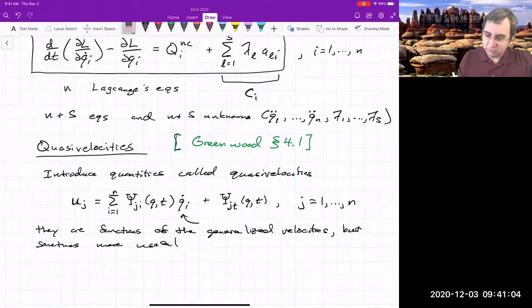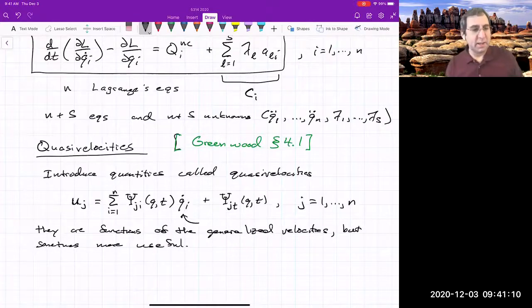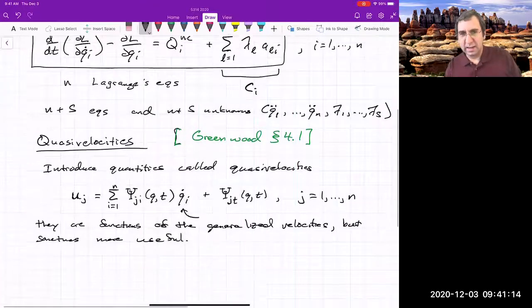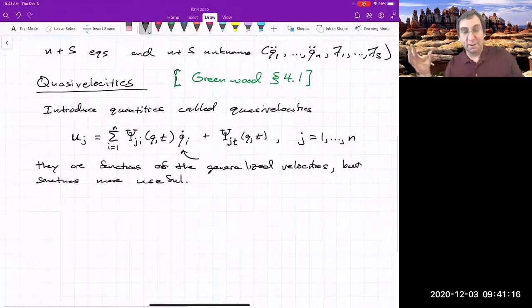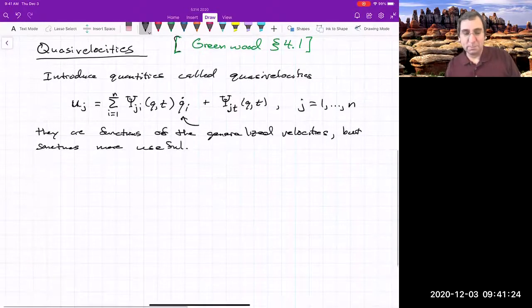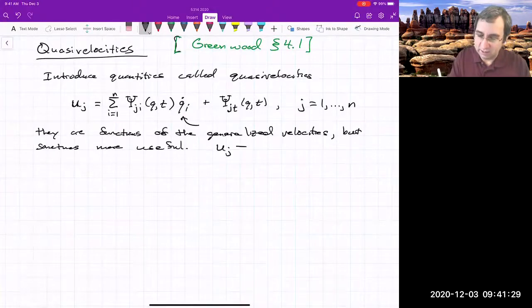Why are they called quasi-velocities? They're called quasi-velocities because they aren't the time rate of change of any quantity. They are just a linear sum of time rates of change of actual coordinates, but they are not themselves a time derivative. So u_j is not the time derivative of something.